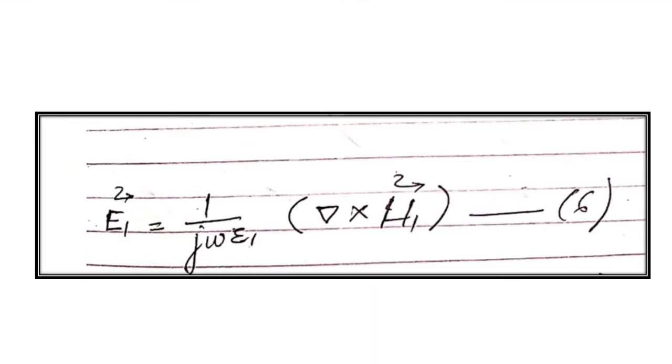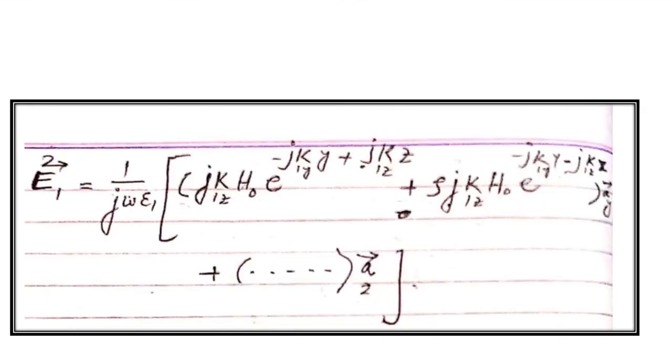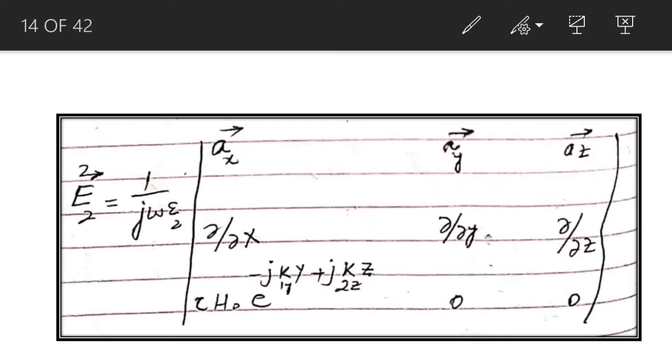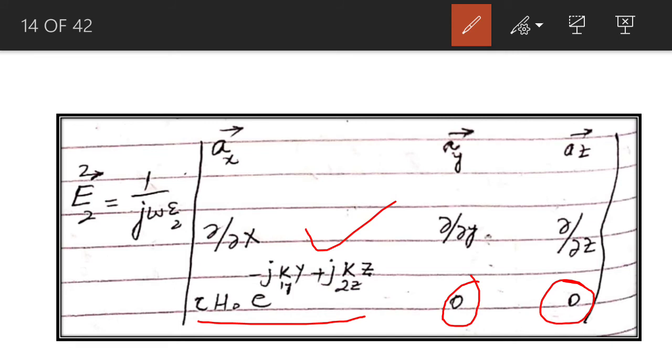So let us go towards the determinant, and you see we have the x component of H2, the y component of H2 is 0, and the z component of H2 is 0. And what is the x component of H2? We have tau H naught into e raised to power minus jk1yy plus jk2z z.